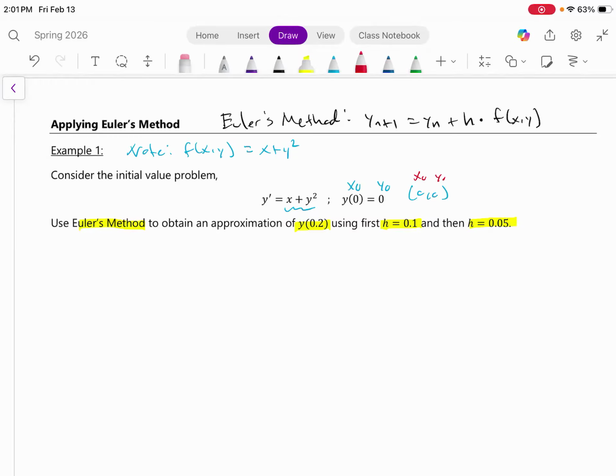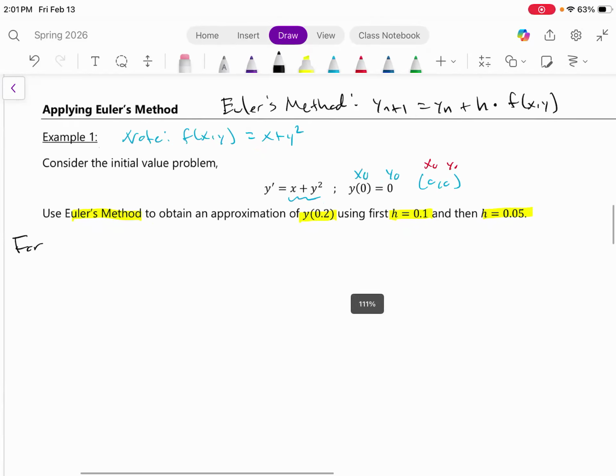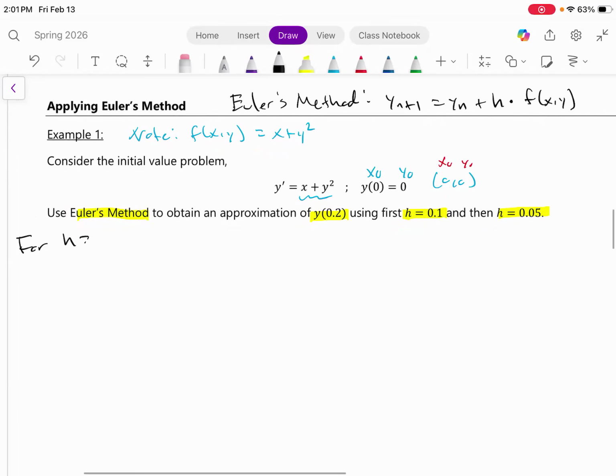So it's talking about going through a step size of 0.1 first. Let's try that out. For the step size h equals 0.1, our setup would be y sub n plus 1 equals y sub n plus 0.1, our step size, times our function, and we're going to write this in terms of x sub n and y sub n.